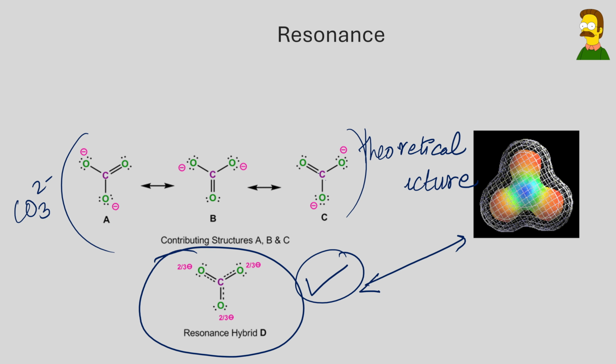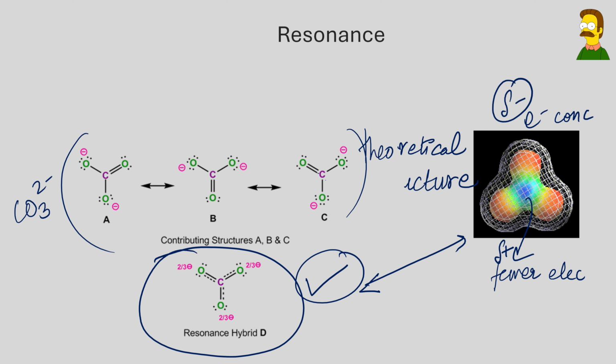And how do you prove that? You make this cool diagram which shows you that these red parts are where electrons are concentrated, and the blue parts are where there are fewer electrons. So the blue part has a slightly positive charge and the red parts have a slightly negative charge.